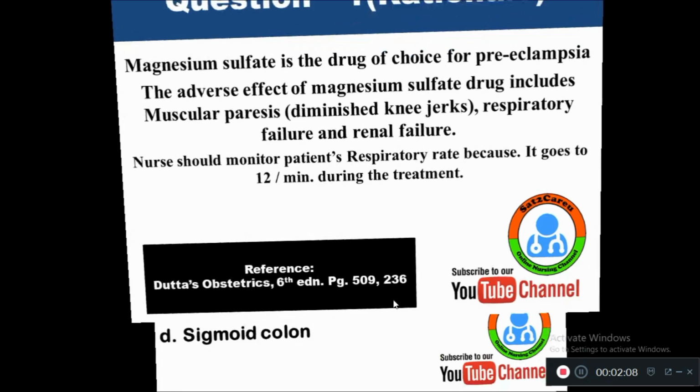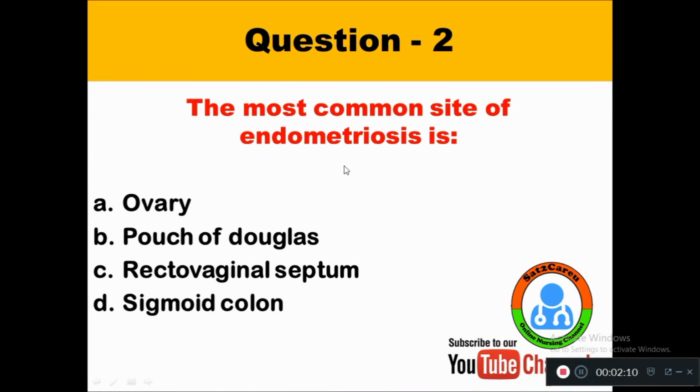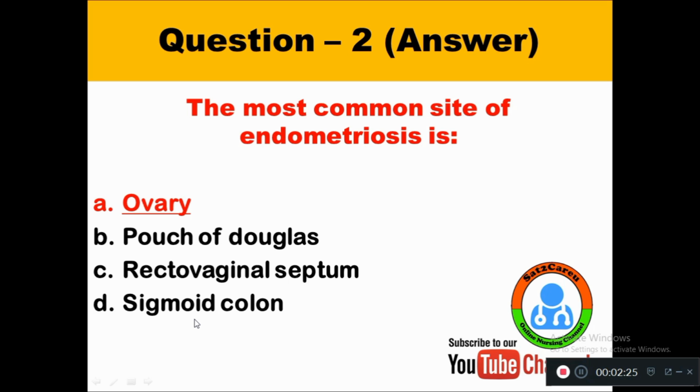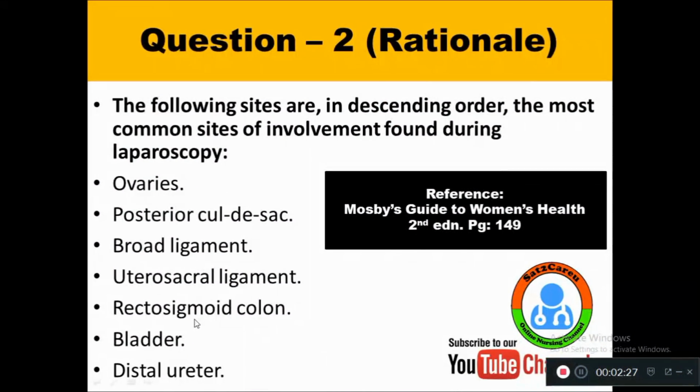Question number 2. The most common site of endometriosis is: option A, ovary; B, pouch of Douglas; C, rectovaginal septum; D, sigmoid colon. The most common site of endometriosis is the ovary. Let's see the rationale here.